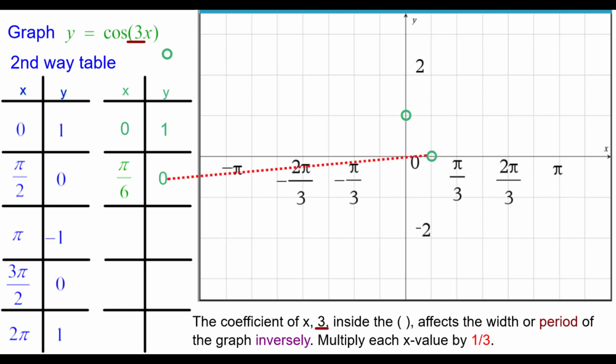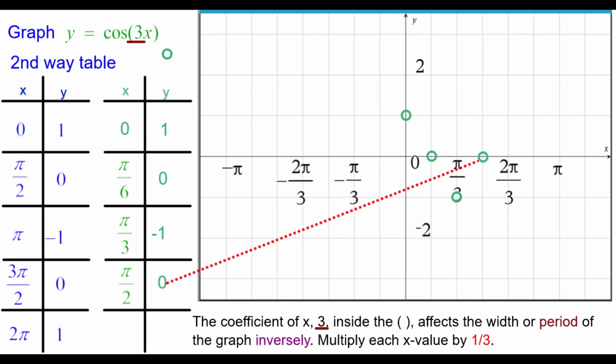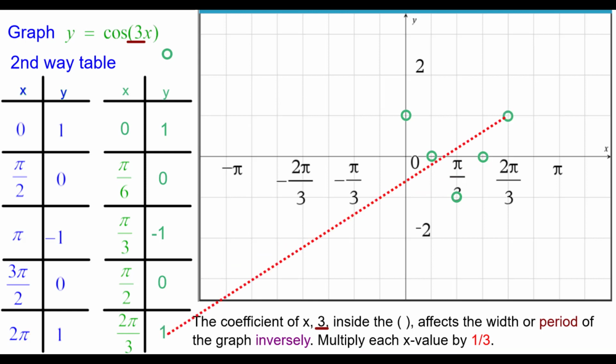So we'll plot that one. Pi times 1/3 is pi over 3, comma -1 in this case. 3 pi over 2 times 1/3 will leave you with pi over 2, comma 0. And 2 pi times 1/3 is 2 pi over 3, comma 1. Back to a maximum.